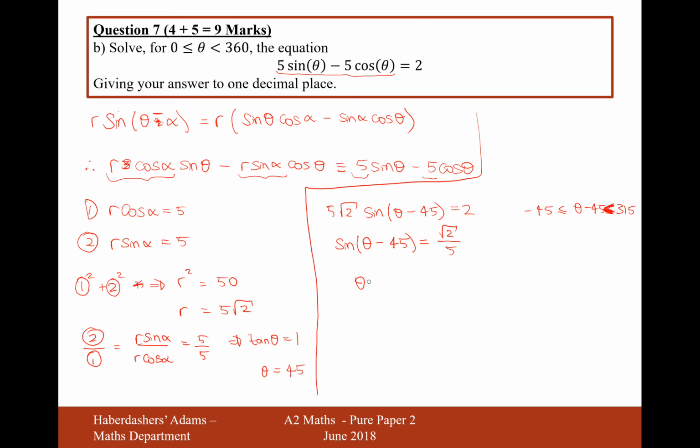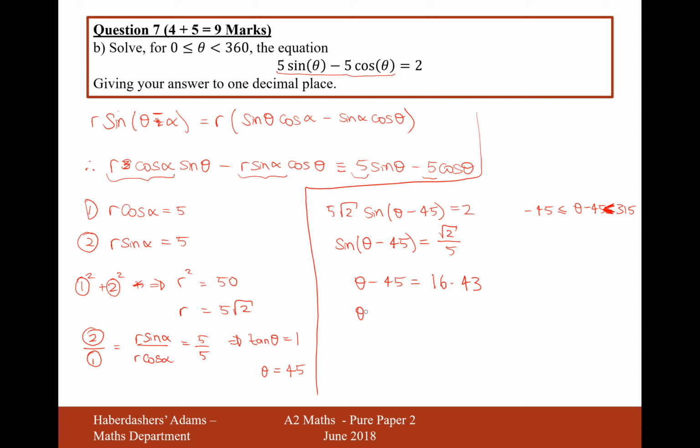And let's now do inverse sine of this value. So grab your calculator and make sure it's in degrees mode. And then do inverse sine root 2 over 5. And we get an answer which is 16.43.